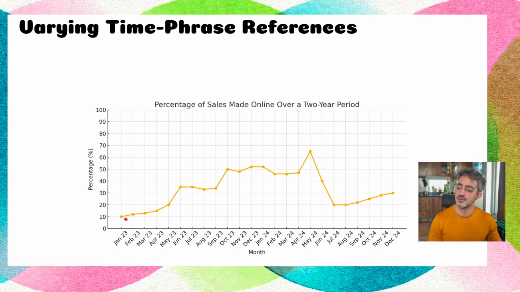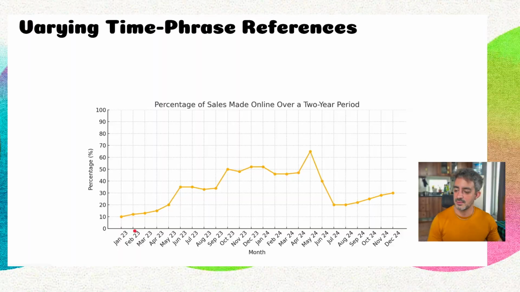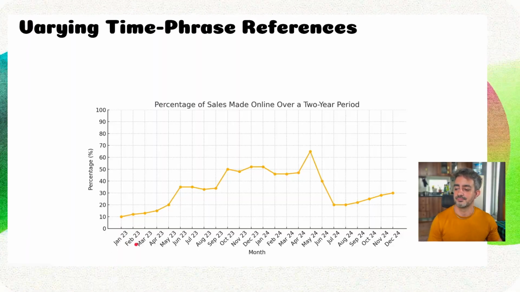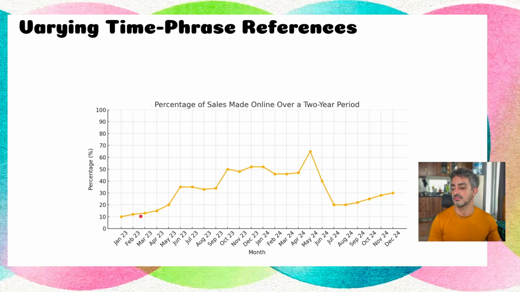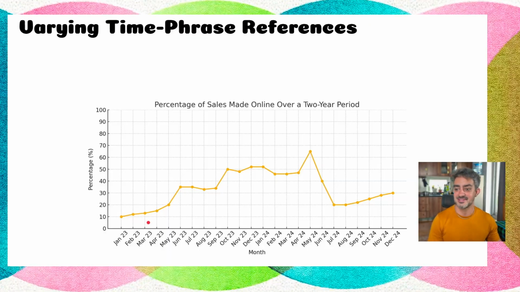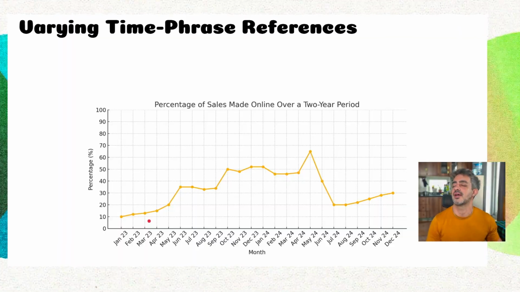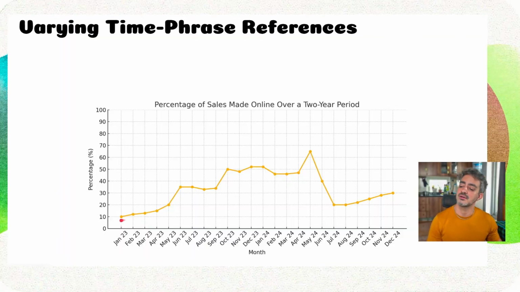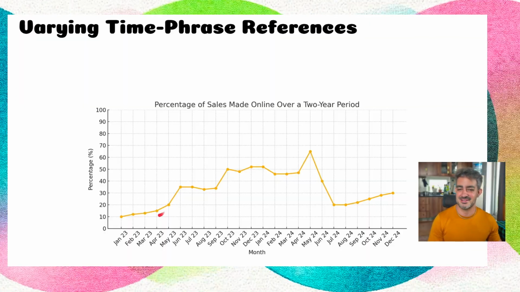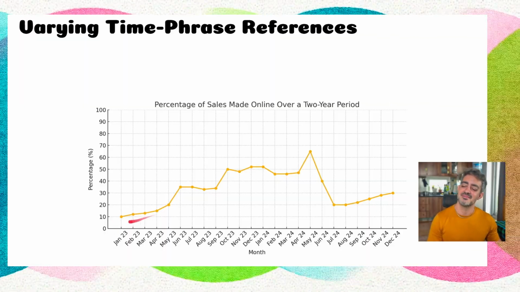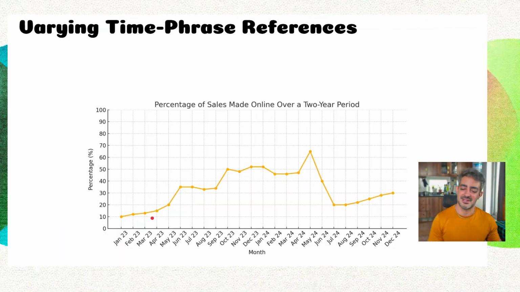So sales rose slightly in February 2023. And then in March 2023, well, they rose slightly again. Okay, what's happening here is I'm pointing out point by point here. I'm describing these. Maybe some of them are so similar that you don't need to do that.